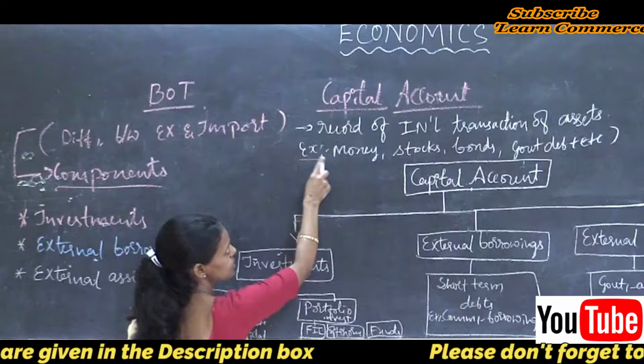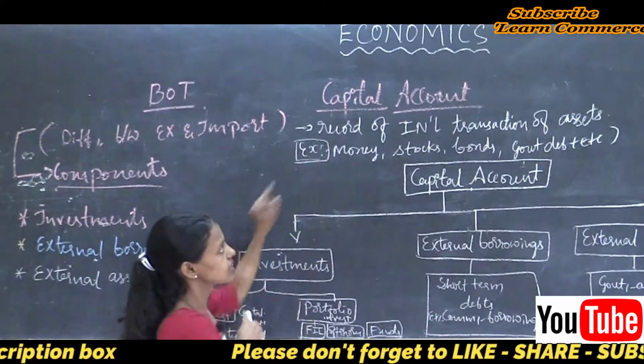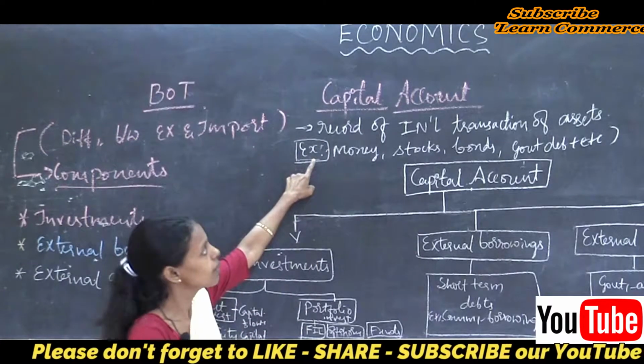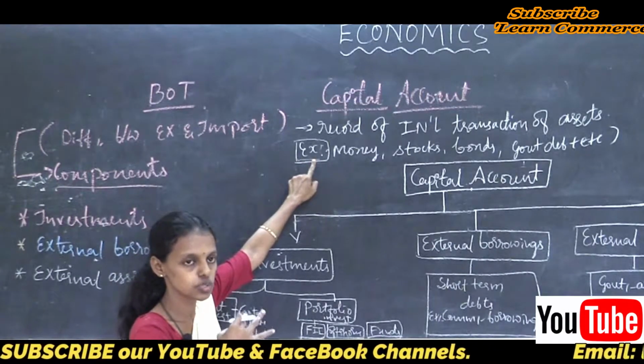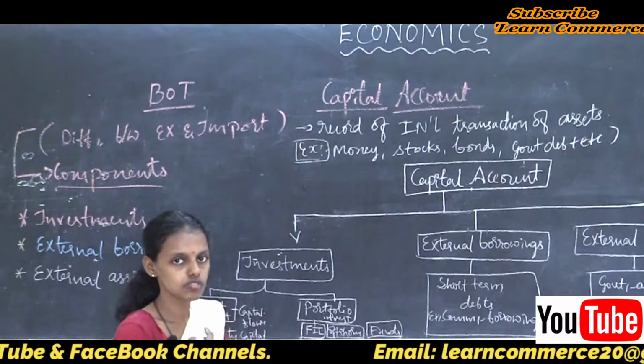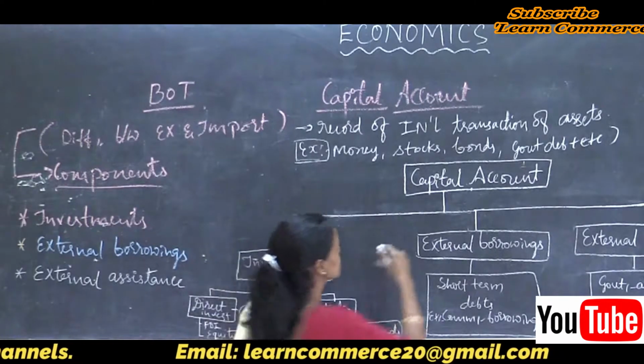Examples: money is also an asset. Money is transacted between countries through foreign institutional investment or foreign direct investment.